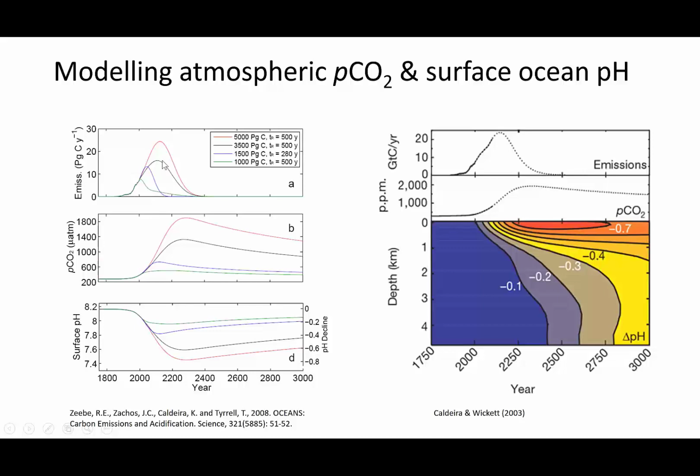So these are just a couple of different scenarios for burning different amounts of fossil fuel carbon between 1,000 and 5,000 petagrams, and then the resulting carbon dioxide concentrations in the atmosphere and surface ocean pH changes.